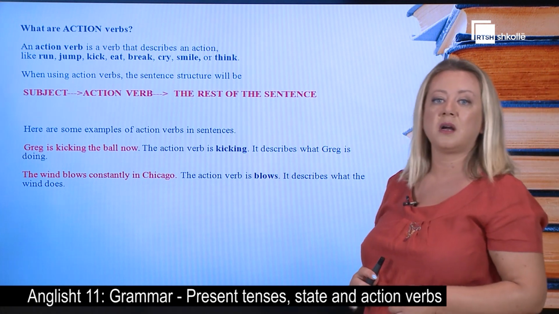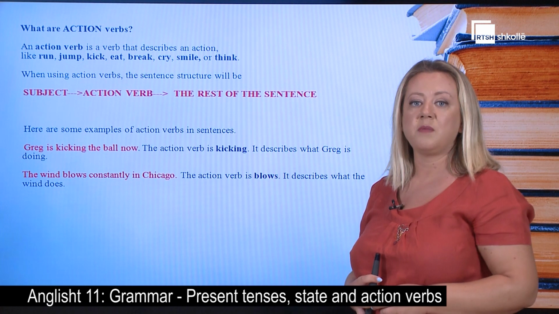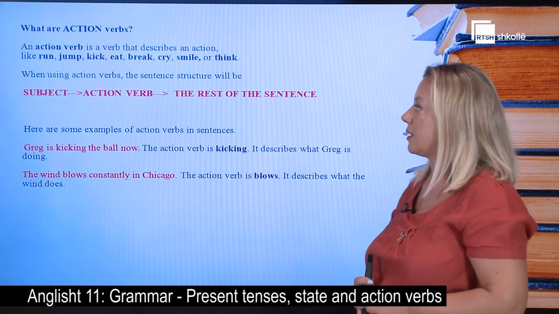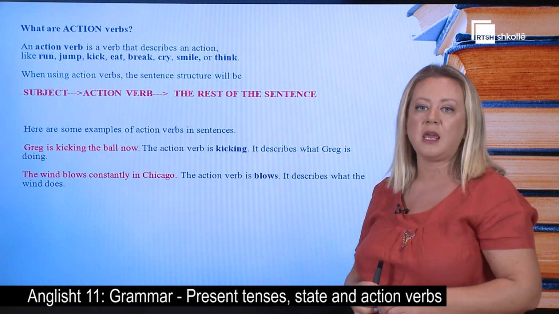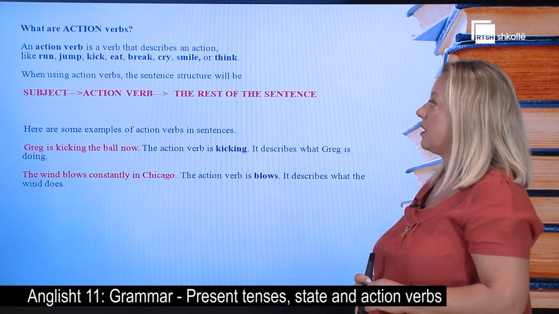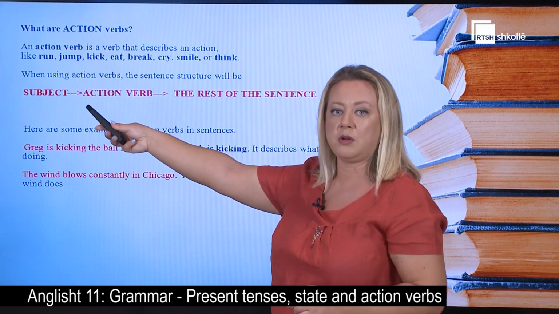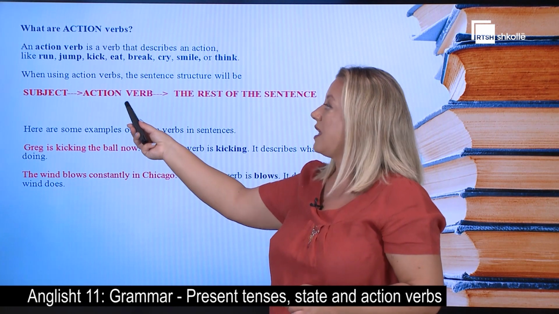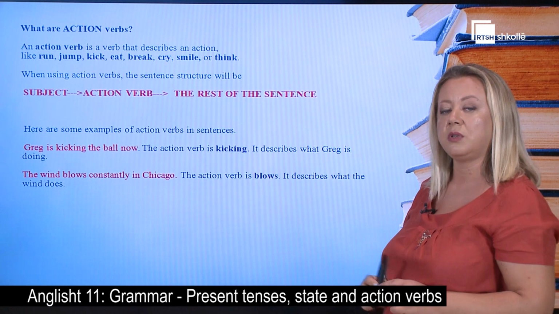Let's see now what action verbs are. An action verb, as the name says, is a verb that describes an action, like jump, kick, breathe, break, think, etc. When using action verbs, the sentence structure is subject, which might be a noun or pronoun, the action verb, and then the rest of the sentence, often including an object.